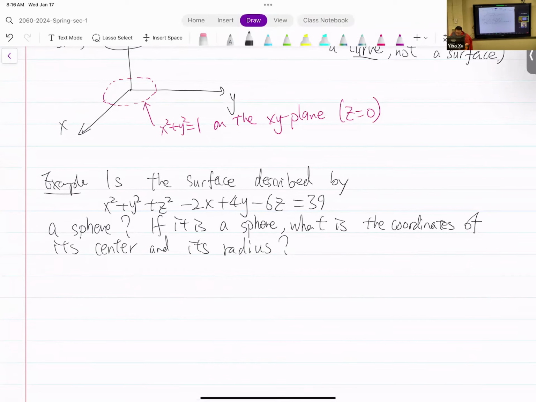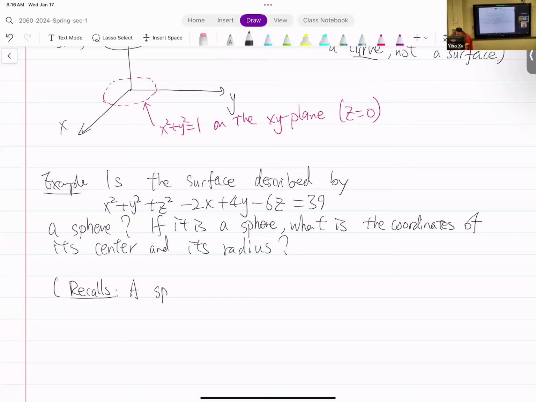It's the center, which is h, l, k with three coordinates, and then the radius is on the right hand side squared, right?